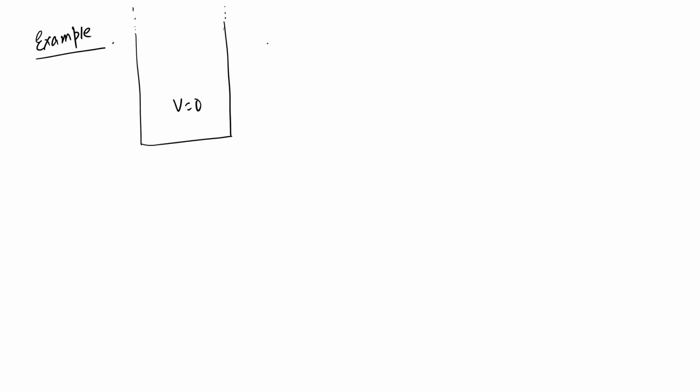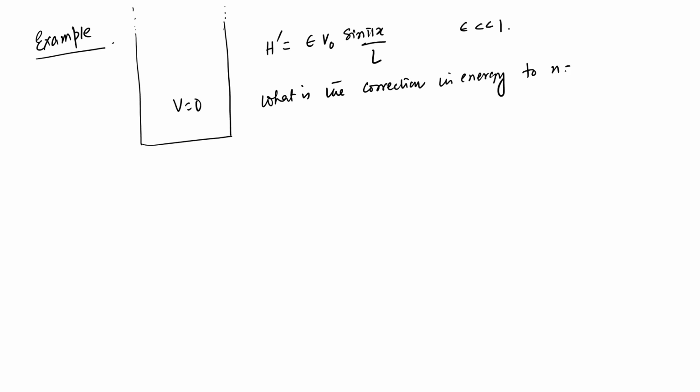Suppose you have a perturbation of the form epsilon V naught sine pi x by L. V naught has the scale of energy, and epsilon is much smaller than 1. That tells you that this is a perturbation term, and you want the correction in energy to the n equal to 2 state, which means the first excited state.